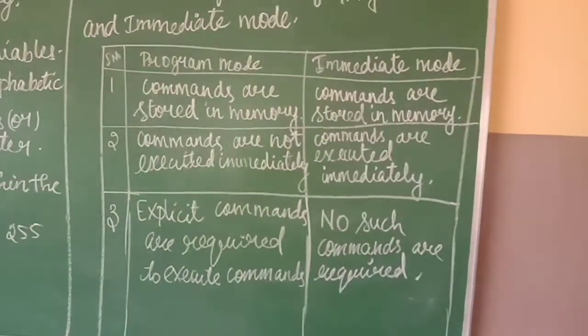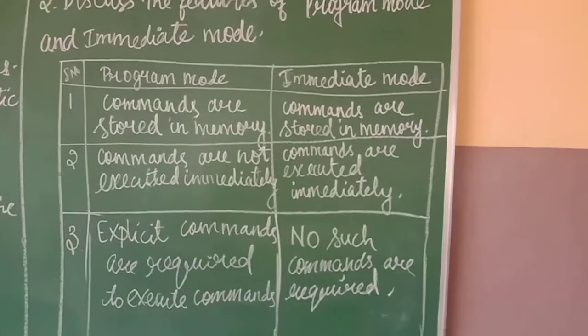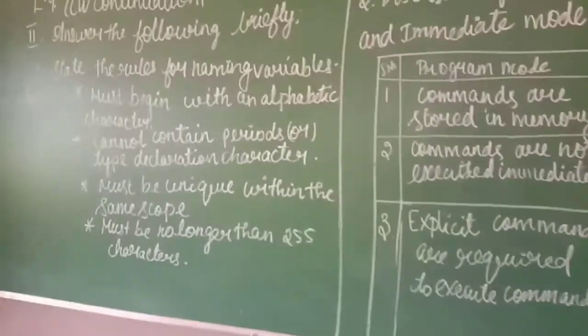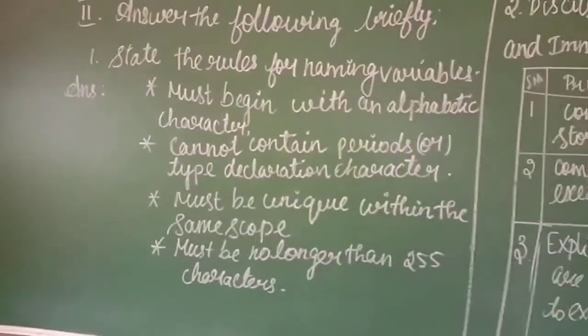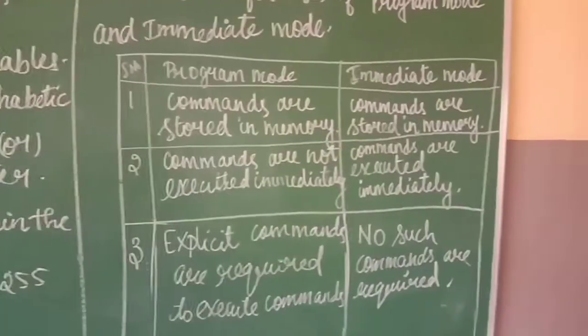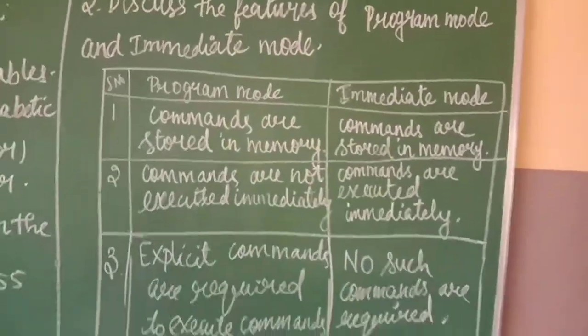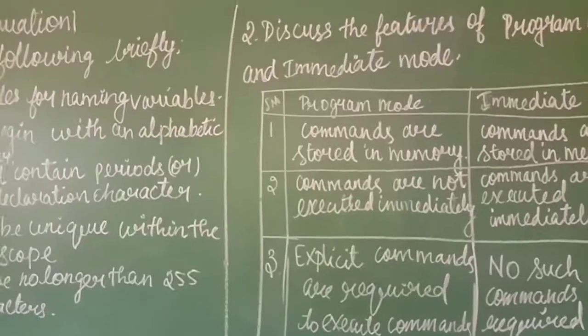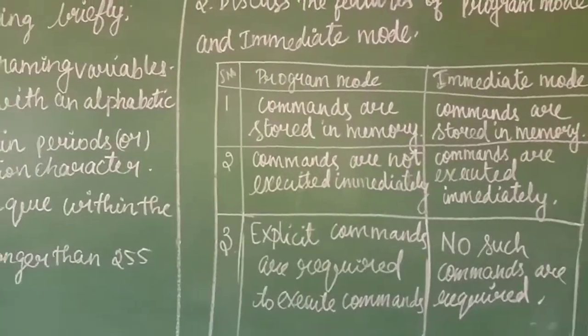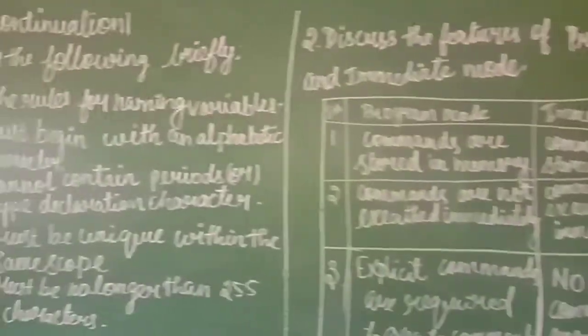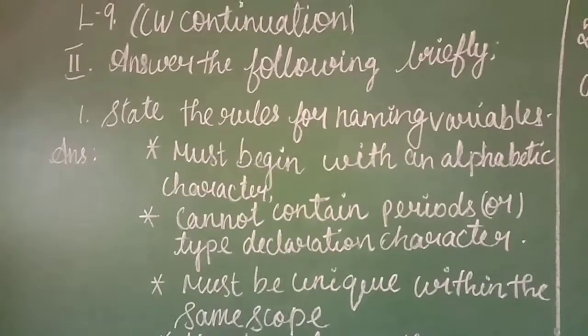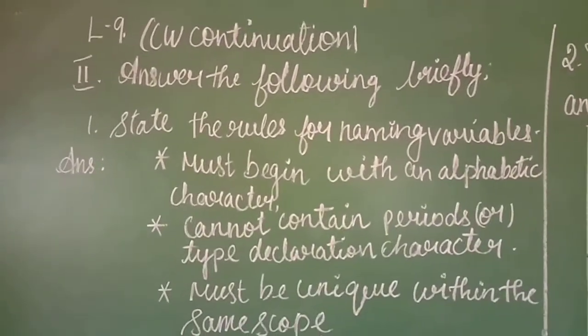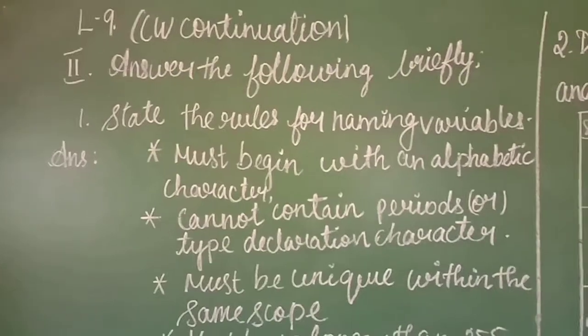Those 3 points you need to write in the form of a tabular column only. I request everyone to copy these 2 questions, and one more question is there. Already I sent this question part by mail along with your lesson number 9. But in the board work I didn't show you, right? So now I am showing this. You can write it in your classwork.